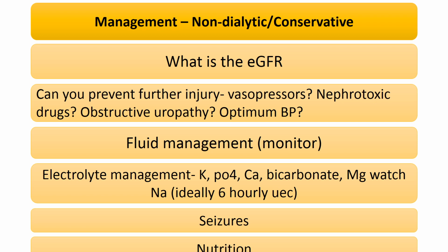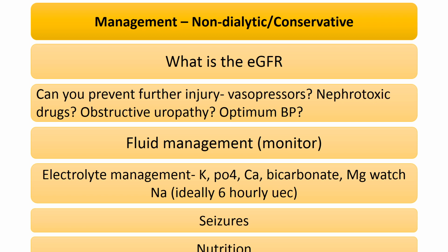If the phosphate is high and the patient is nil per mouth, obviously we can't use phosphate binders like calcium carbonate, so that would be an indication for dialysis. We'll keep an eye on the calcium, which generally tends to be low in patients with acute kidney injury, and replace orally by giving calcium carbonate between meals.